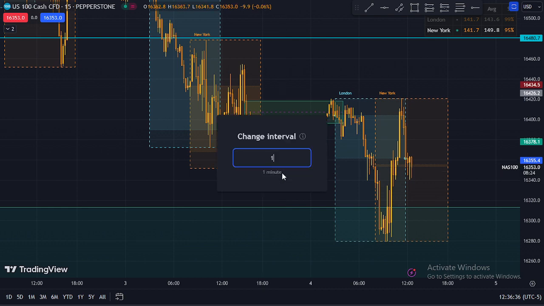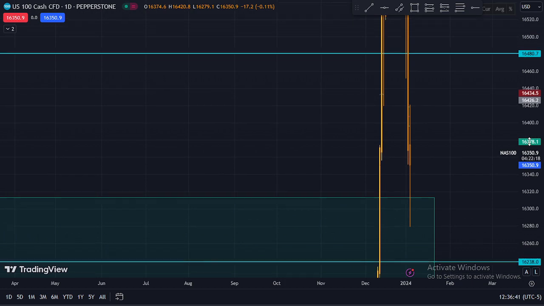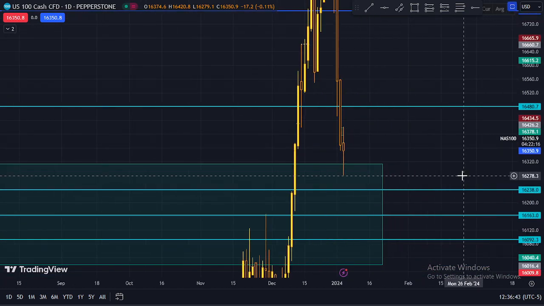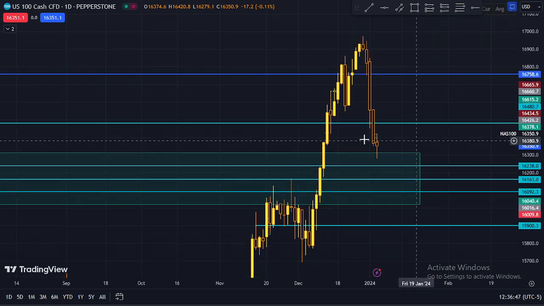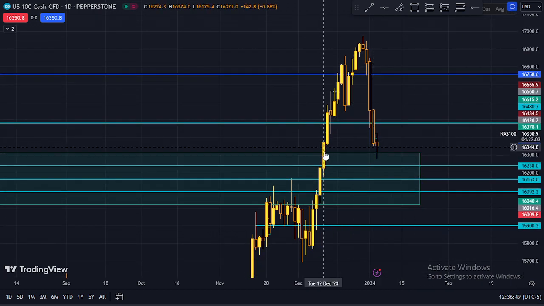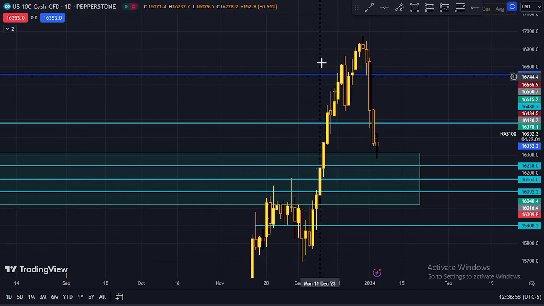So when you head over to the daily chart, let me show you something on the daily chart. On the daily chart, we had this inefficiency that would have been the draw on liquidity. Also, we had this inversion fair value gap. So price went through it.